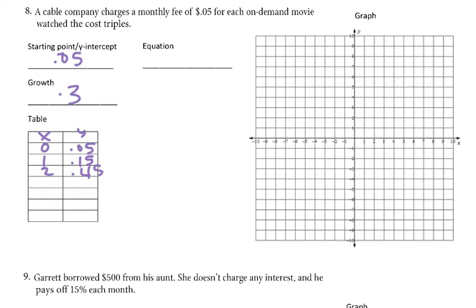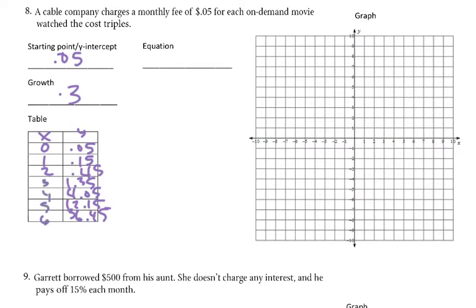We're times them by 3. Then $1.35, $4.05, $12.15, and then $36.45.